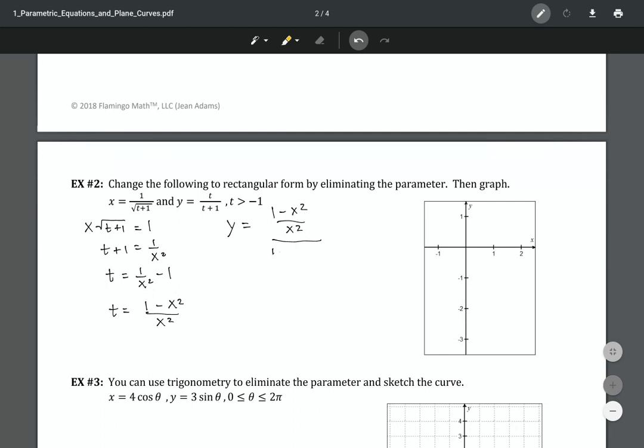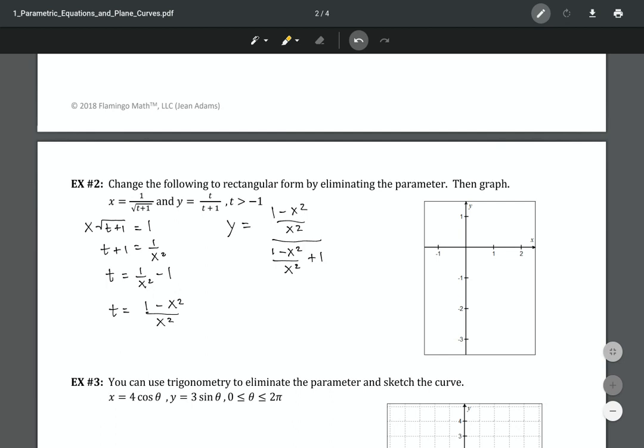But remember, I'm replacing t with what I just found here. So I replace all the t's on the y function with 1 minus x squared over x squared, plus 1.